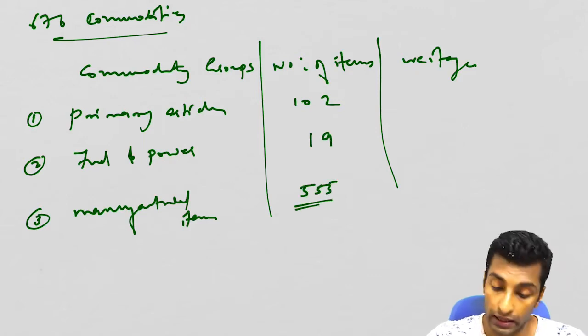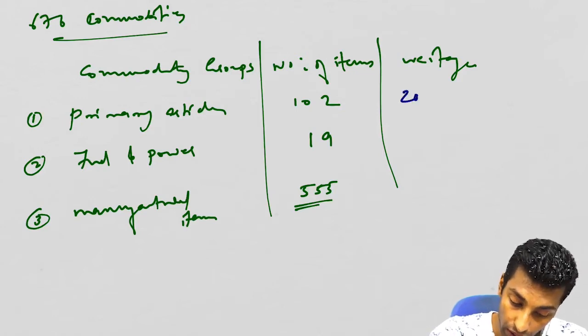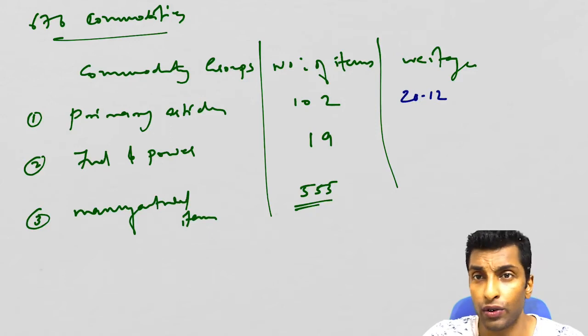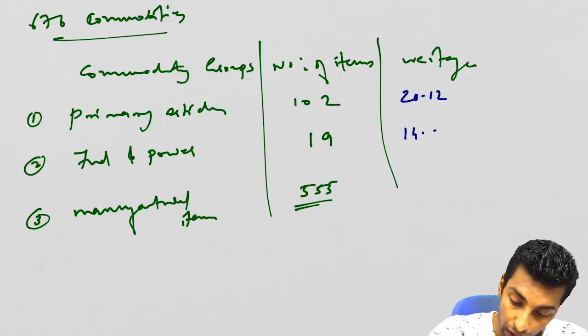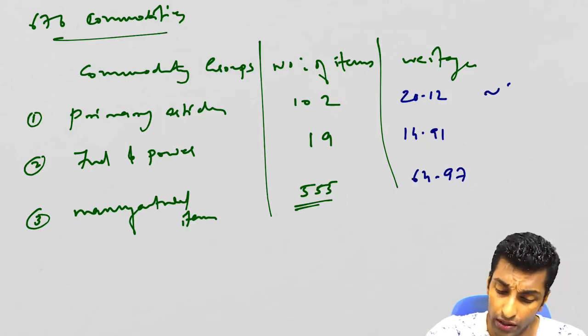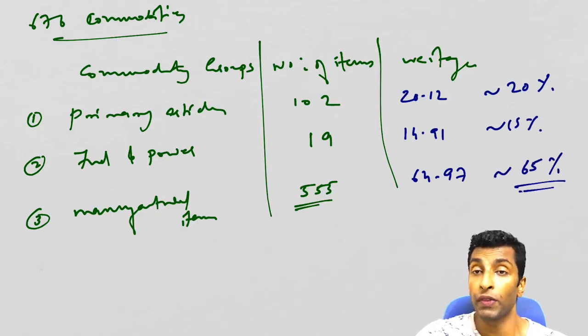So here you can see some addition may happen. Now weightage: this is 20.12, exactly you don't need to know, approximately 20 is what you need to know. Then 14.91, and 64.97. So what you need to know is this is around 20%, this is around 15%, and this is around 65%. So this is the weightage.